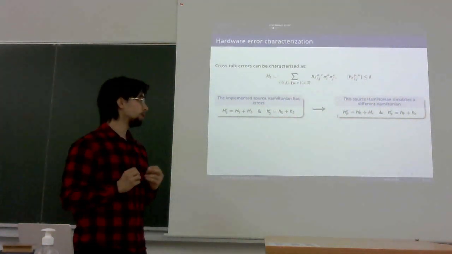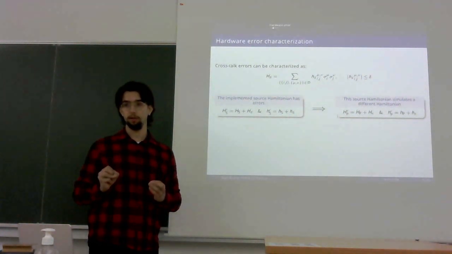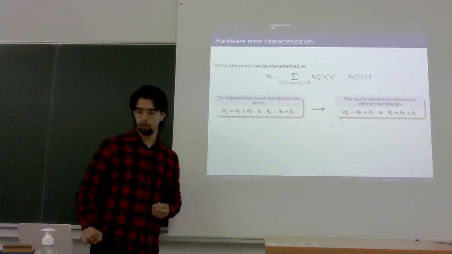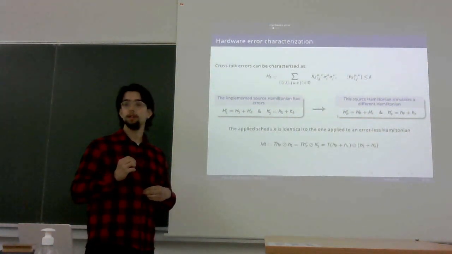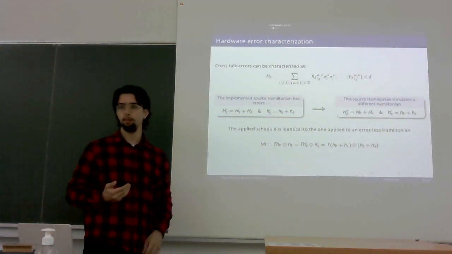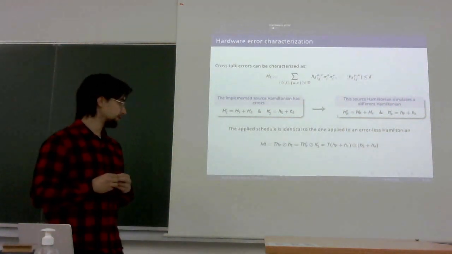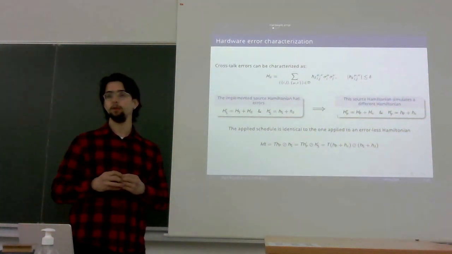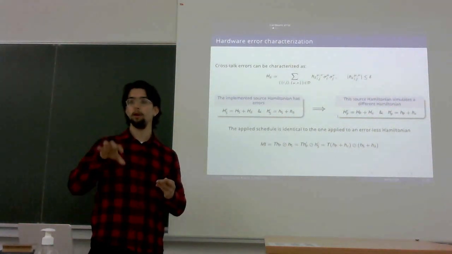Now, what we want to know is how different this Hamiltonian and the couplings are going to be. To do so, we are going to rely on something fundamental: the applied schedule is going to be the same one as if we had an errorless Hamiltonian. This means that we have done the design for a Hamiltonian that has no errors, and then we are applying this circuit to an error Hamiltonian.